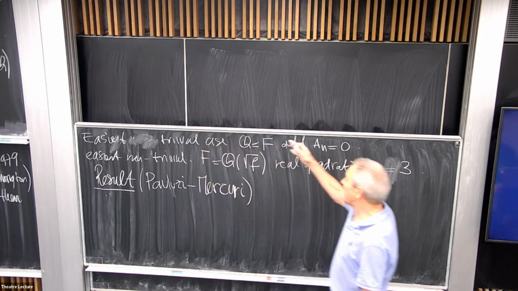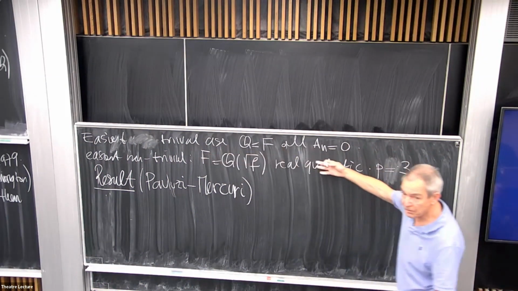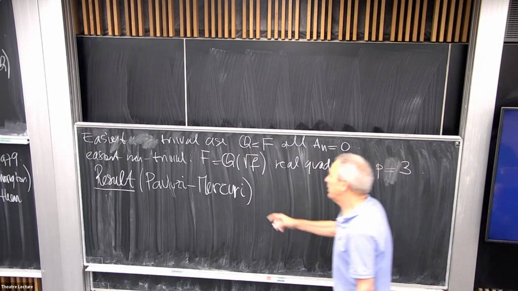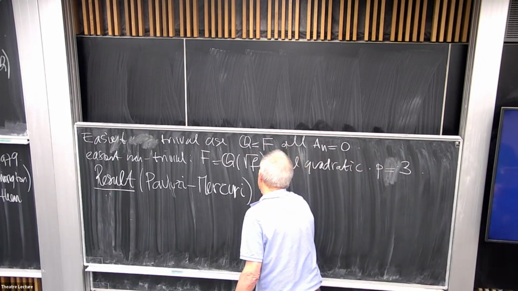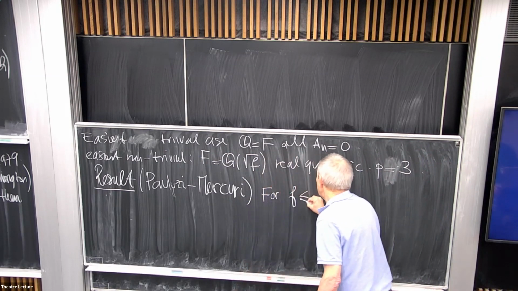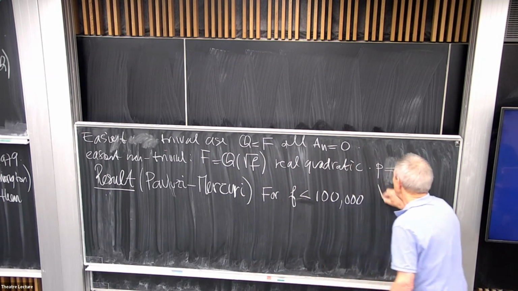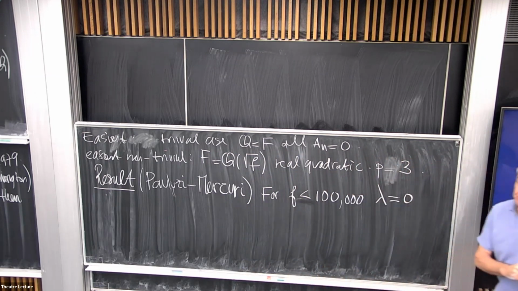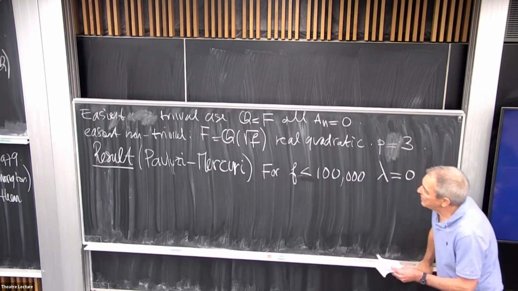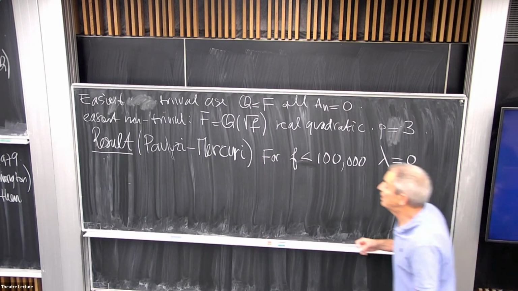So they checked. For this field, we know that mu is 0, since this is an abelian extension of Q. Their computations prove that for f less than 100,000, lambda is 0.